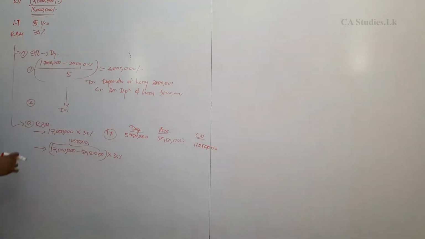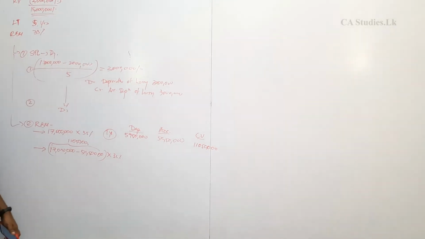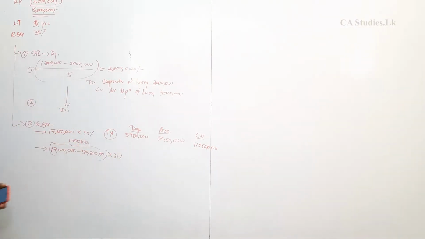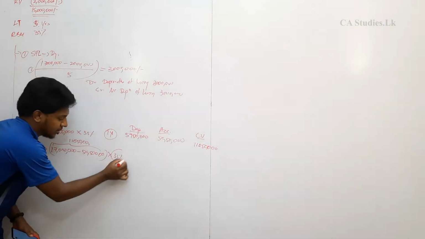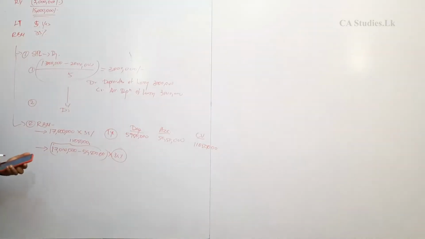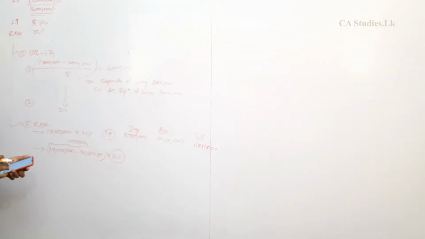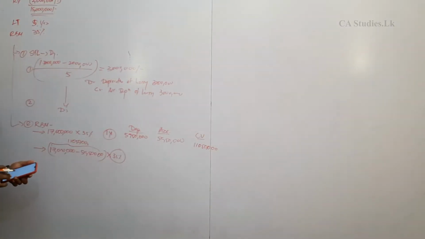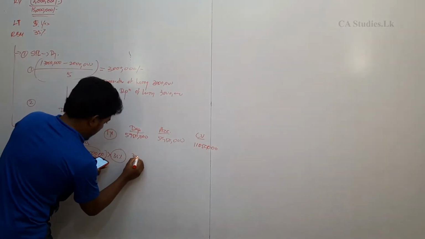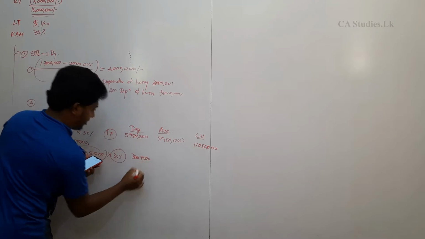The straight line method depreciates over the lifetime. Here we take the depreciation rate on the carrying value. The depreciation rate is decided by the company; here the question gives it, so it's very easy. 35% of 11,050,000 is 3,867,500.